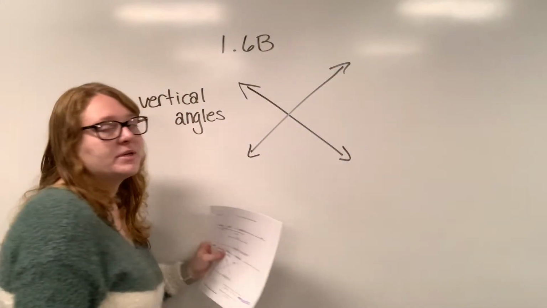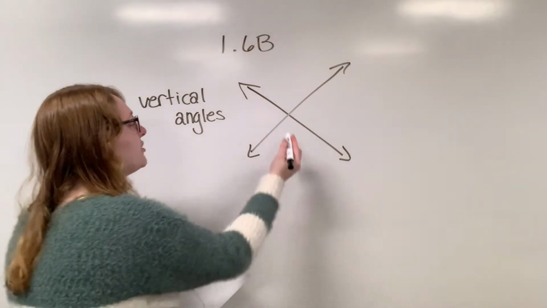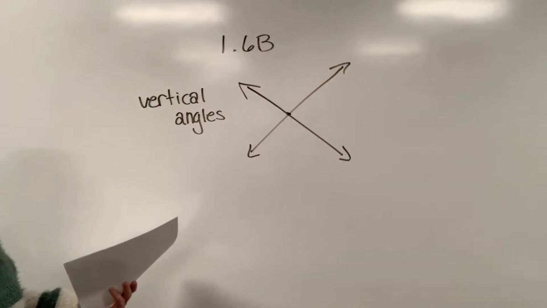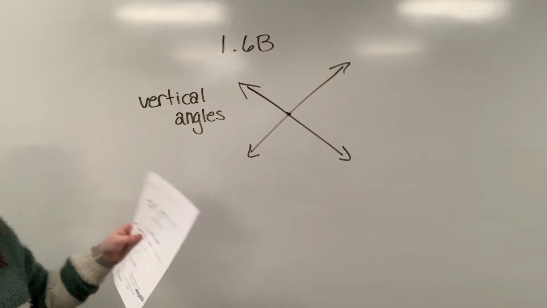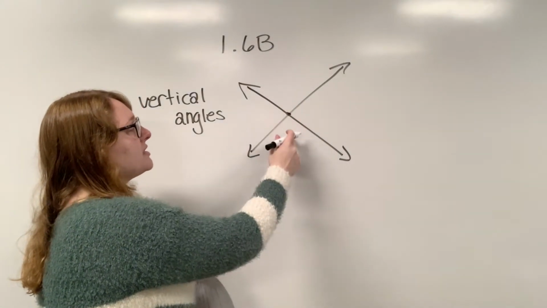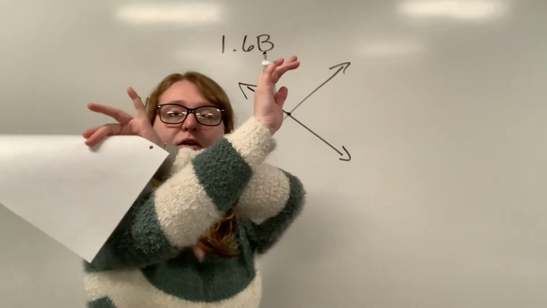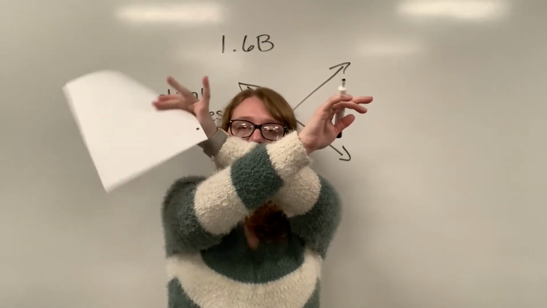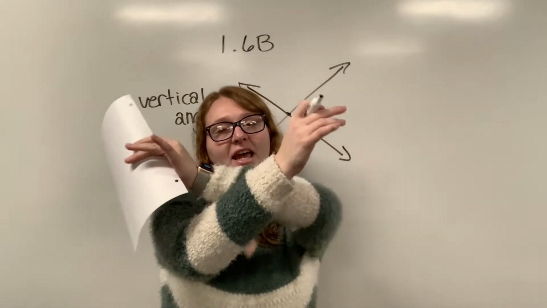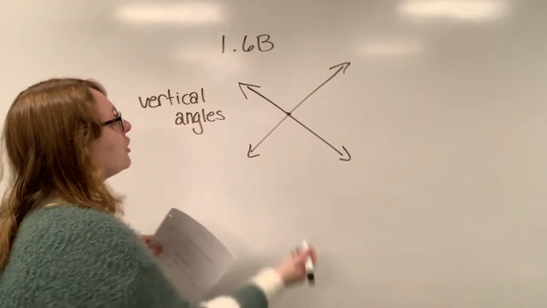So last chapter we said that when two lines intersect, they intersect at one point. Remember that? Now, since we're talking about angles, vertical angles are always congruent, okay? And vertical angles are on opposite sides, okay? So like when we cross our arms, one's going to be on this side between my hand and this elbow, and the other one's going to be between this hand and this elbow, and they are congruent, okay?